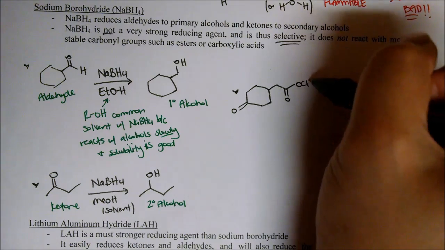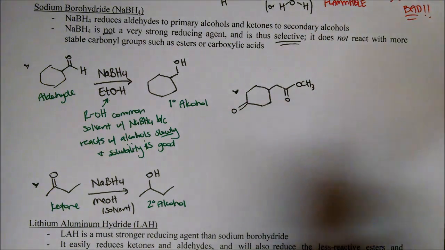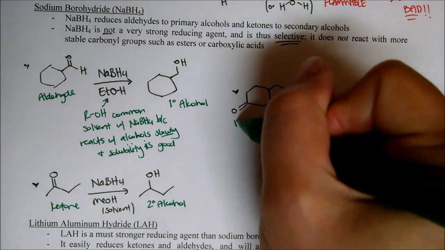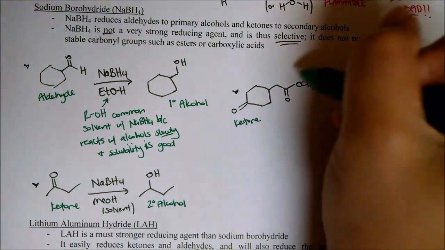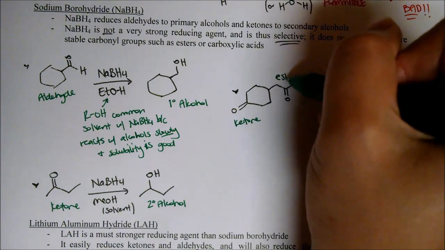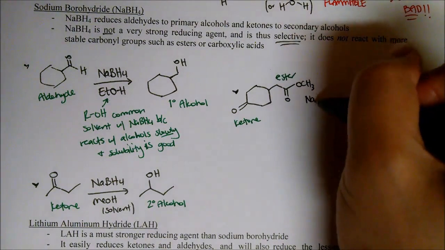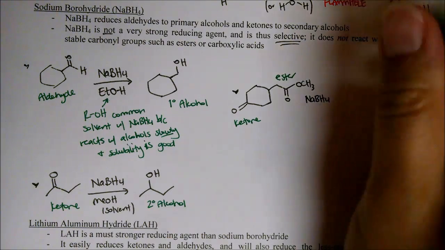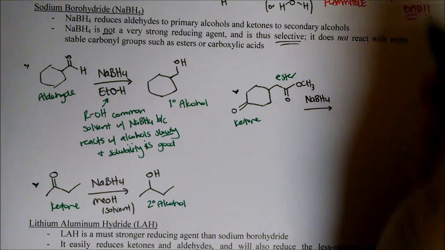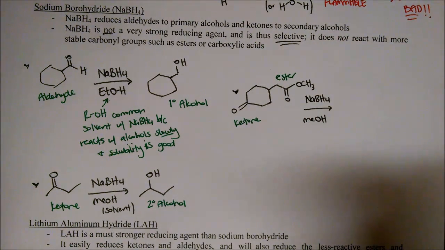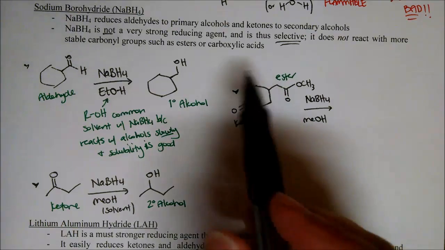But then importantly, as I mentioned about the selectivity, let's say we've got this guy. What if we had two functionalities in there? Yes, you need to go back and review your functional groups because you need to know them. This is a ketone, and right here, here's our ester. When we throw in NaBH4, it's a nice white powder. It's actually a really easy reaction. Again, with some methanol solvent, what does it say up there?